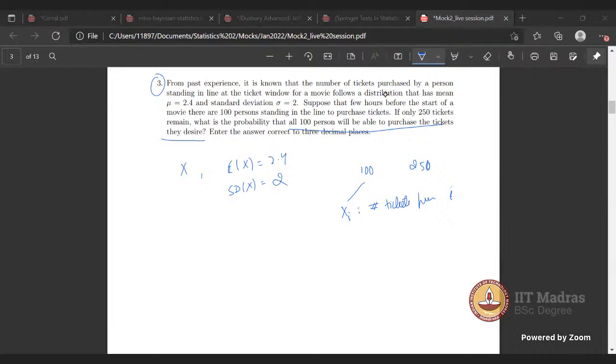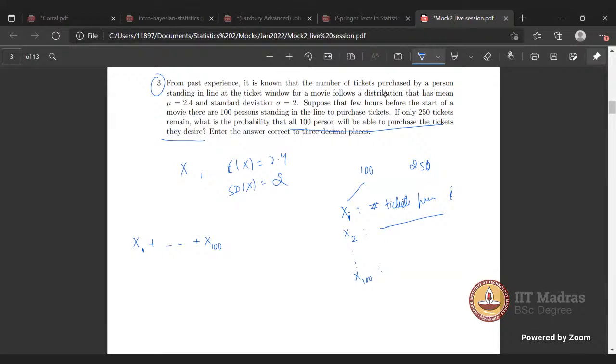Person 2, x1 is the number of tickets purchased by person 1, x2 represents the number of tickets purchased by person 2, and so on up to x100, which represents the number of tickets purchased by person 100. If we add all of these, x1 up to x100, we get the number of tickets purchased by all these people, right?